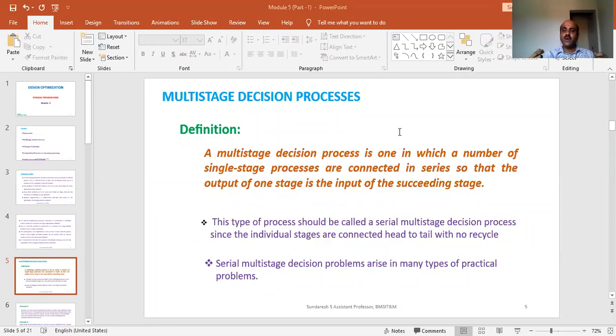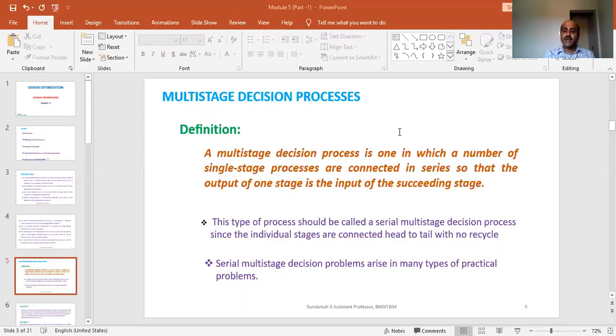Each stage has its own input and output, and they are not recycled. They are connected head to tail without any recycling. Therefore, this type of process is also called a serial multi-stage decision process.